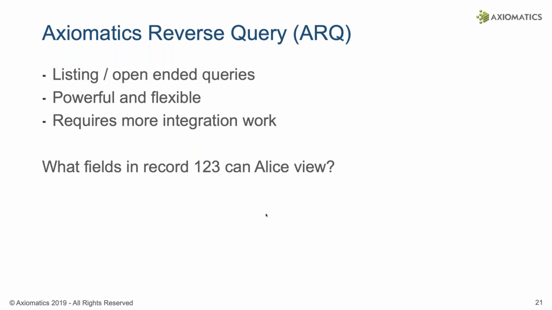The next technology for handling this would be Axiomatics reverse query, which is a powerful authorization endpoint that is very, very good at listing open-ended types of queries.